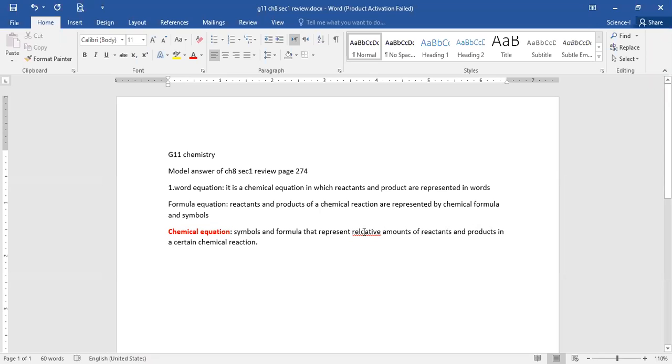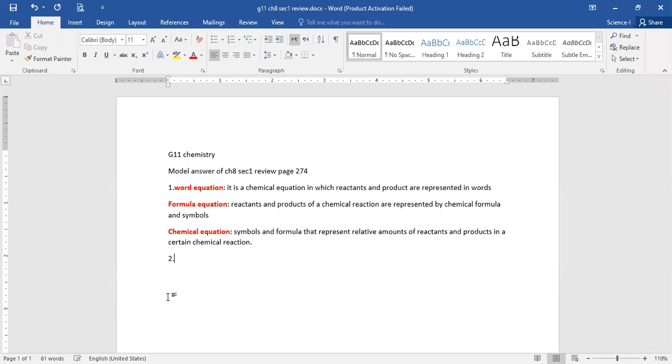So it represents the relative amount, that means how much is needed from each reactant to react together to produce a product. Okay, guys, is it clear? Hassan, is it clear right now, or do you still have a problem? No, it's clear.